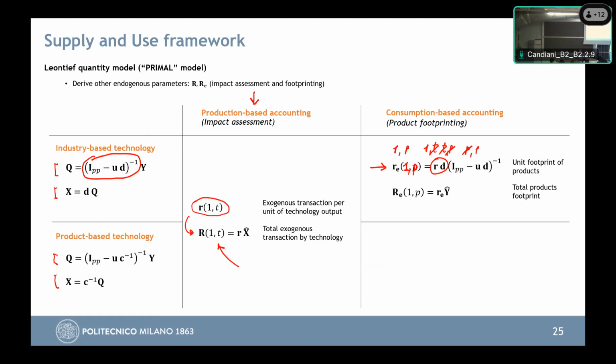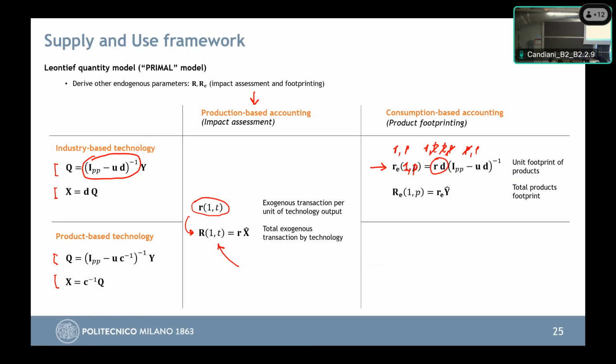And then depending on the assumption that you're making, these equations change slightly, but the fundamental structure is always the same. Then finally, once I have the RE, so the footprint, it's simply a matter of post-multiplying these footprints by the diagonal of the final demand. So I'm simply multiplying the footprint, so the impact per unit of product, times the total amount of products produced.